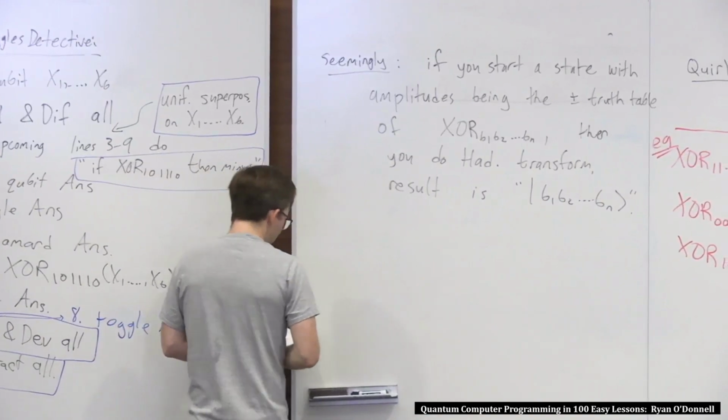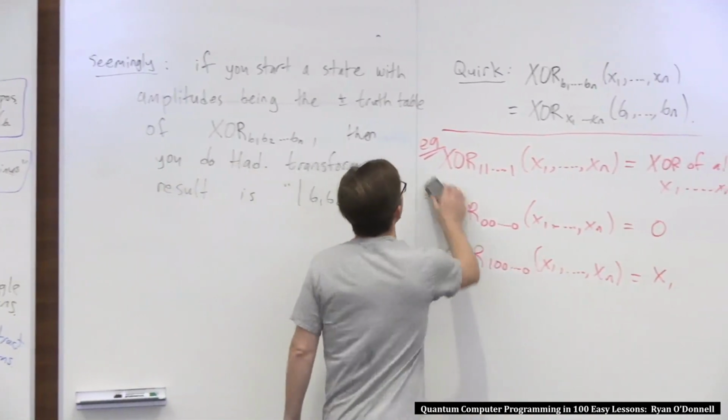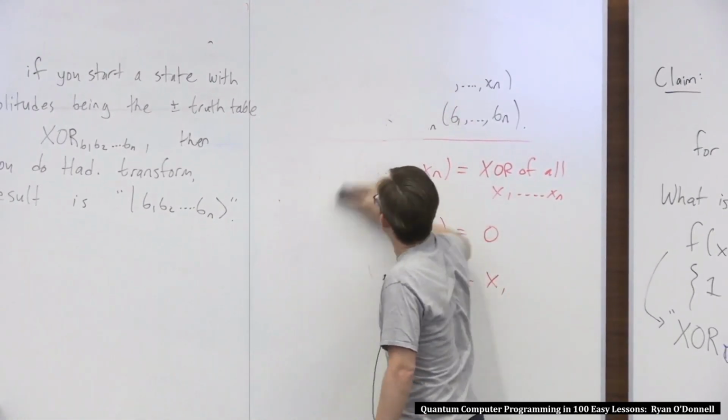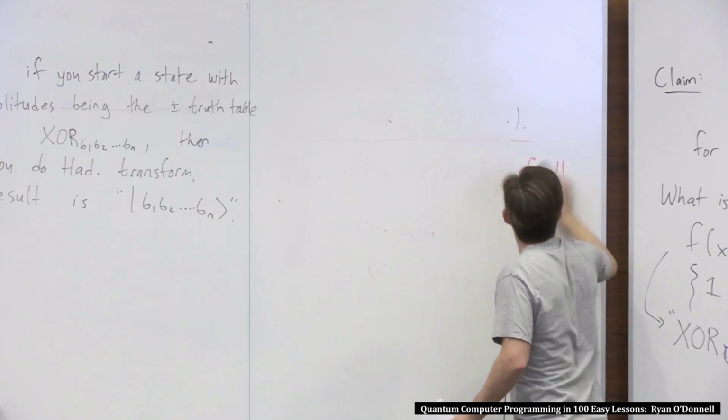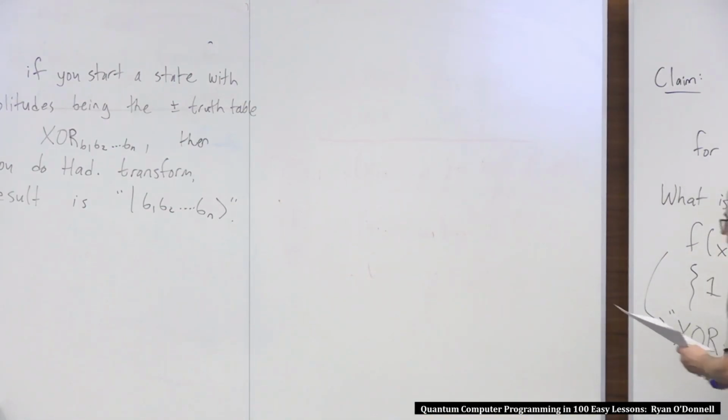Okay, so now I will just directly tell you the theorem statement about what happens when you do the Hadamard transform. And then we'll prove that theorem statement. Okay, so the theorem.